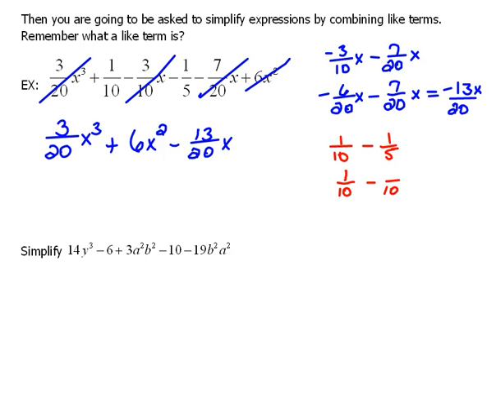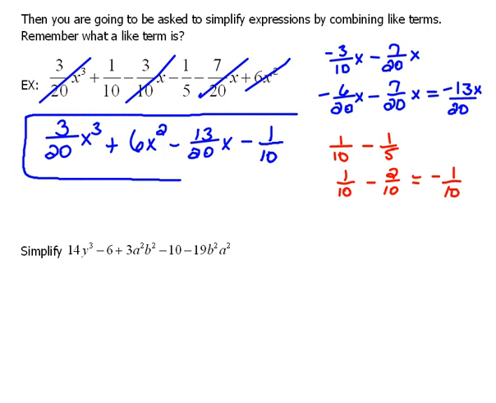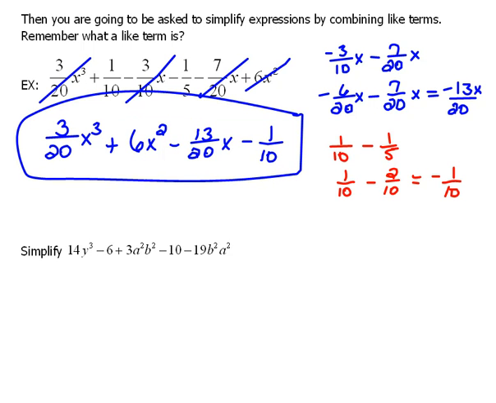So I'll have 1/10 minus 5 times 2 is 10, so 1 times 2 is 2. And now 1/10 minus 2/10 would be negative 1/10. So when I combine those, we get negative 1/10. And this is our simplified version of that problem.